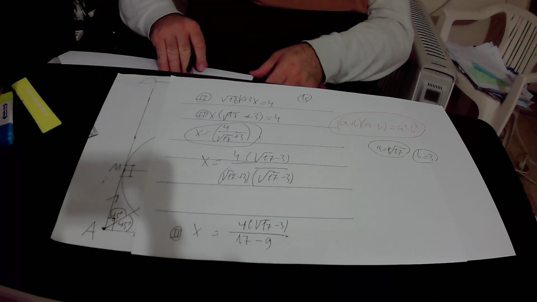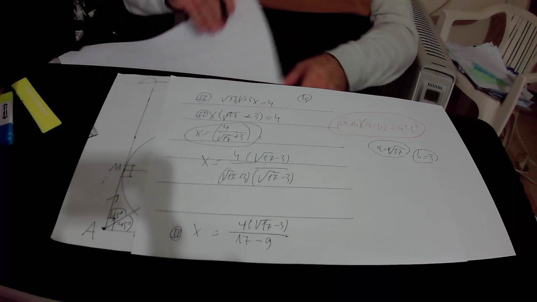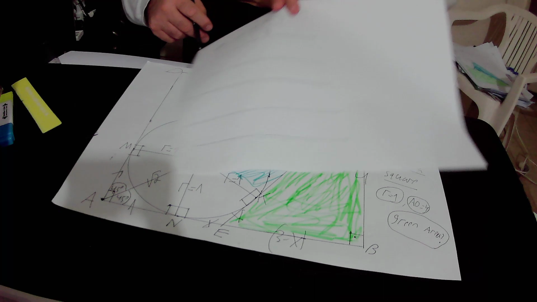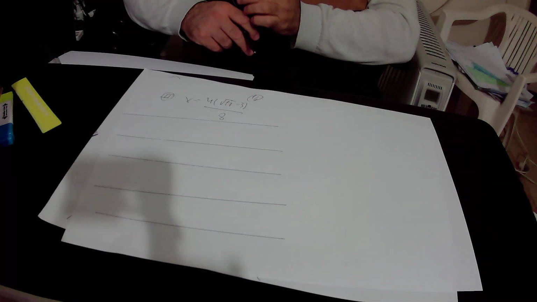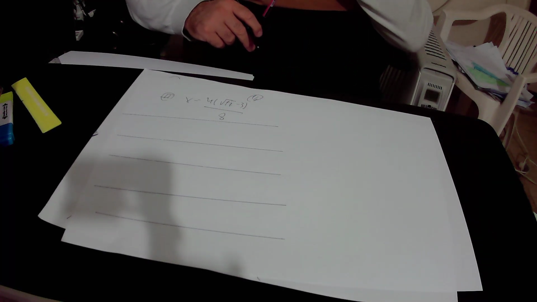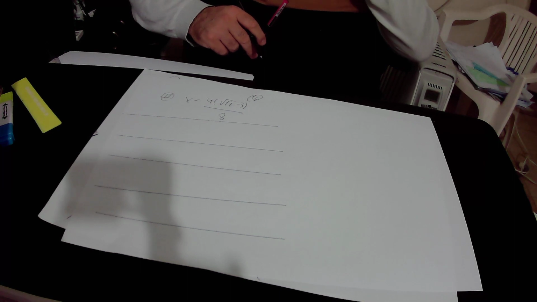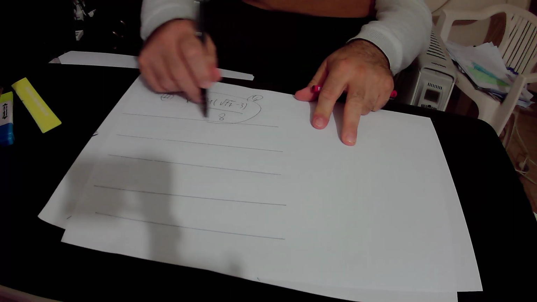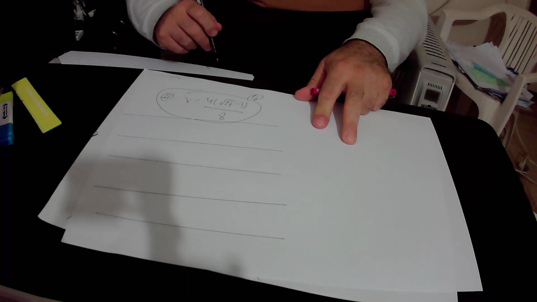So in conclusion, we found out that x equals 4 times square root of 17 minus 3 over 8. This is the value of x, according to equation number 2.